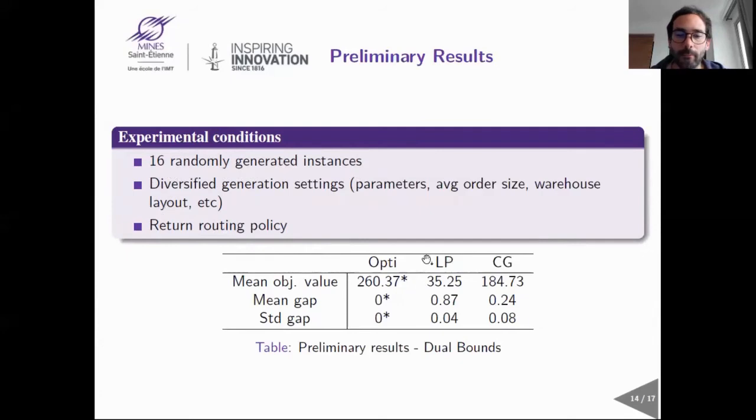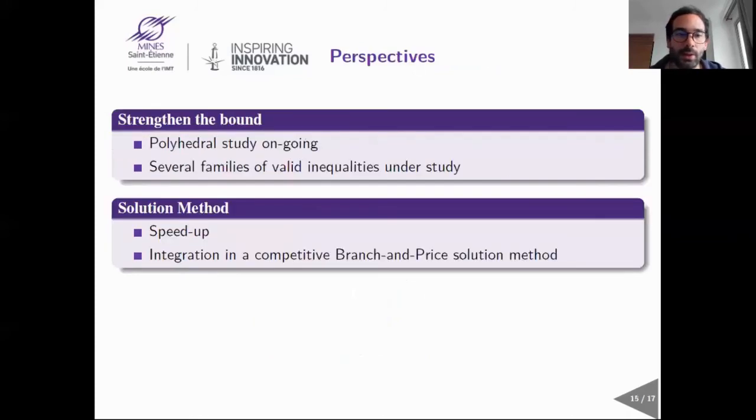So we see that here there is the optimal value, and the linear relaxation is really poor: for an optimal value of 2060, the relaxation is 35, so an 87% gap. That's really a lot. And with the column generation, the mean gap is 24%. That is still quite big, but way better than with the linear relaxation.